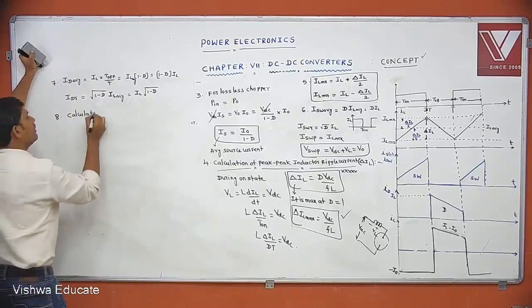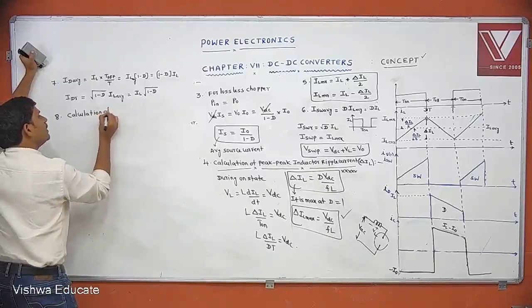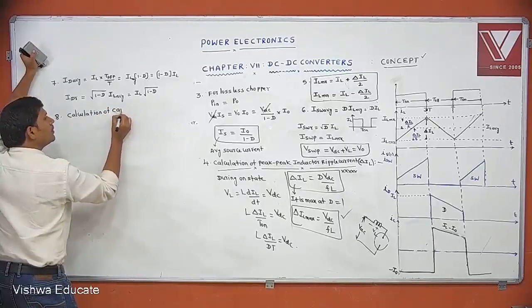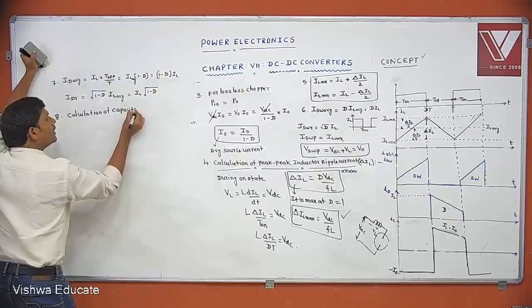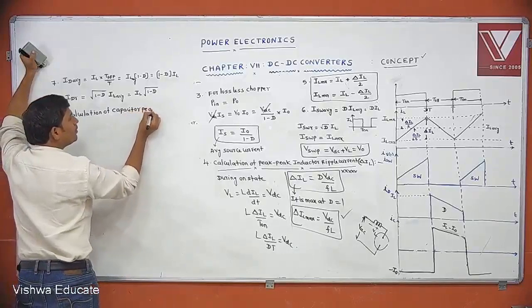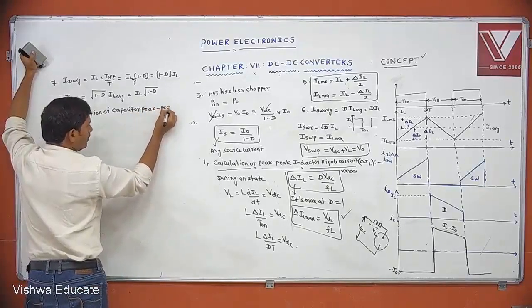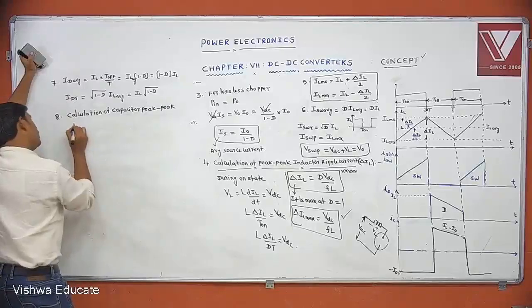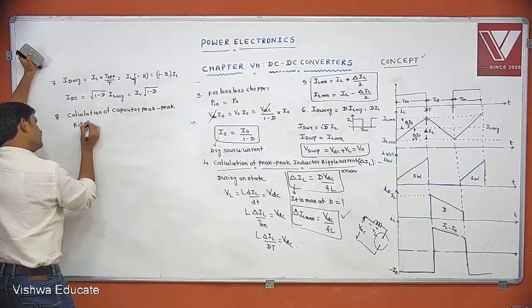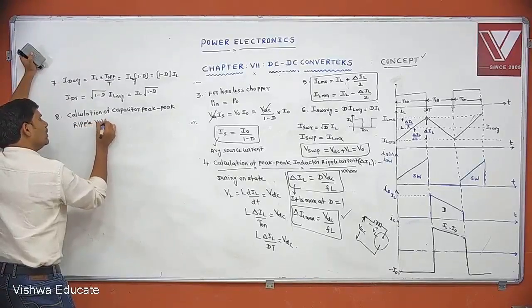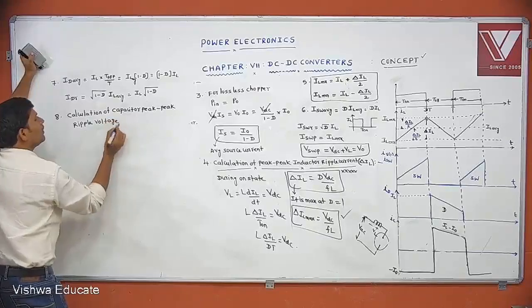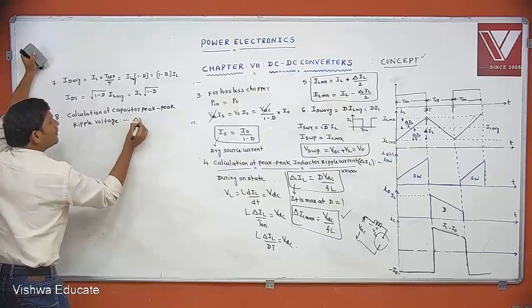Calculation of the capacitor peak to peak ripple voltage, that is delta VC.